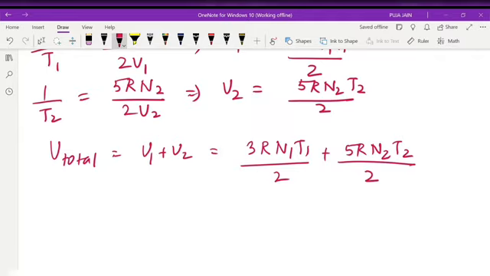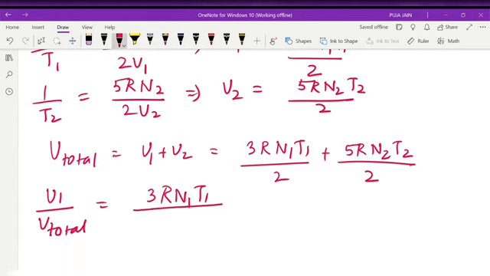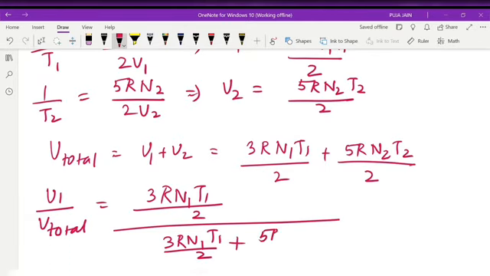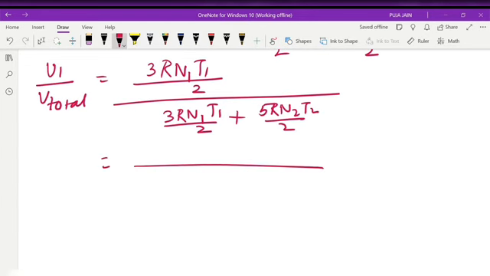Now they need to find the ratio of U1 by U total. So U1 was 3R N1 T1 by 2, divided by U total, which is 3R N1 T1 by 2 plus 5R N2 T2 by 2. From here 2 gets cancelled out.